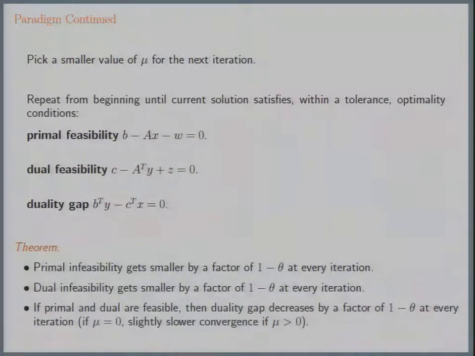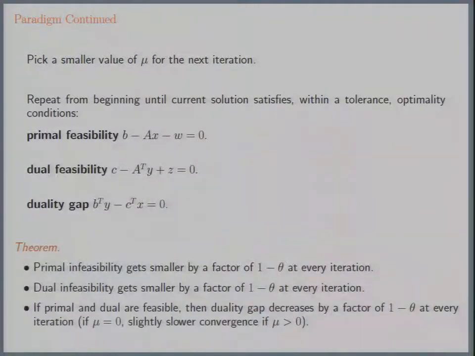Those two are really easy to prove, just a few lines. The third one's not hard either, but it's a little bit trickier. If the primal and the dual are feasible, then the duality gap decreases by a factor of 1 minus theta at every iteration. And that's assuming mu is equal to 0. When mu is positive, it's a little bit slower in convergence than that.